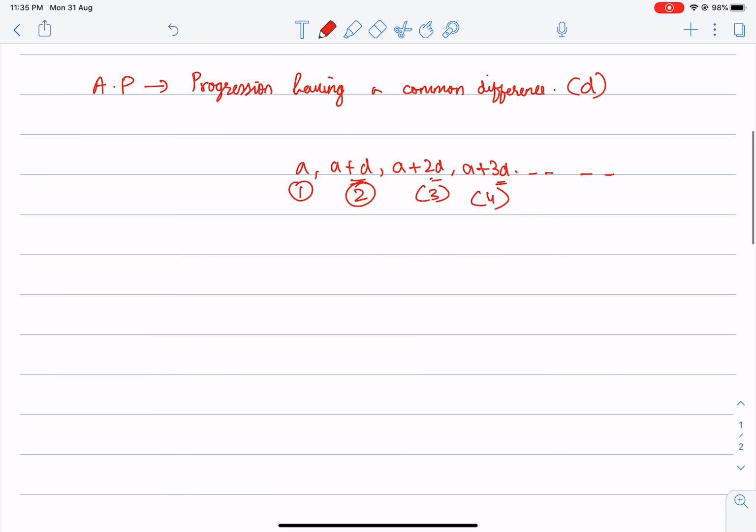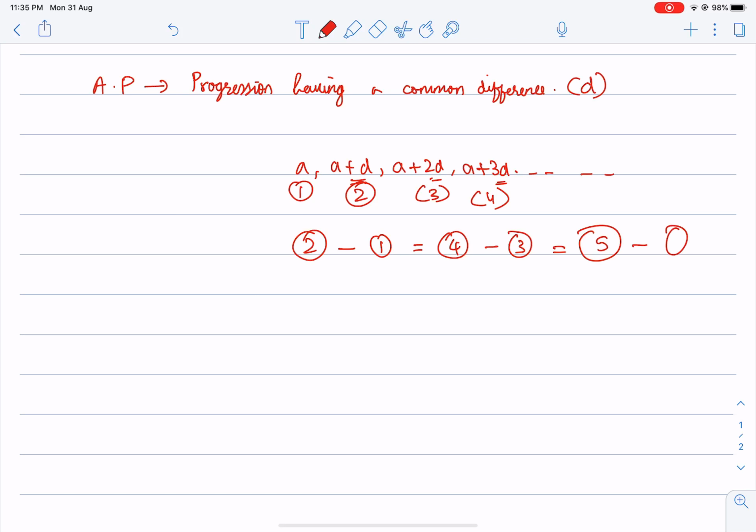If you do second term minus first term, this will equal fourth term minus third term. This will also equal fifth term minus fourth term, and third term minus second term. It keeps on going like that.